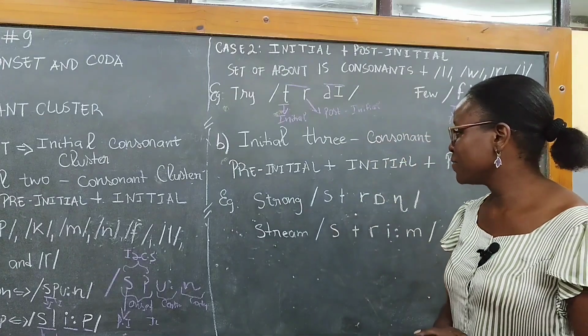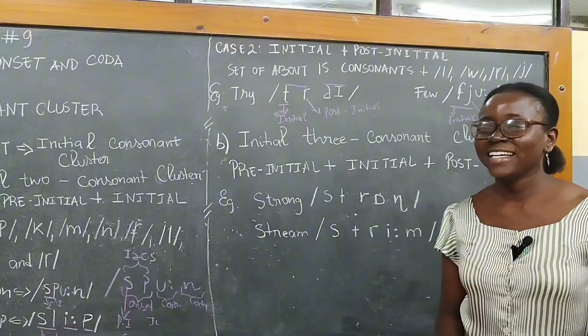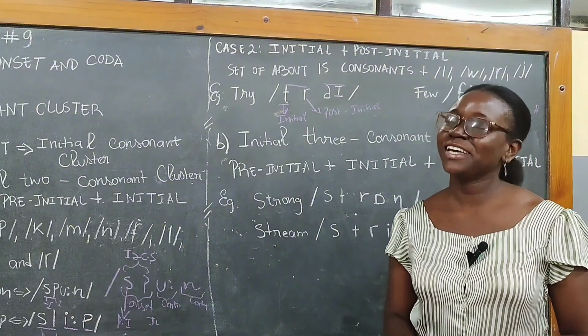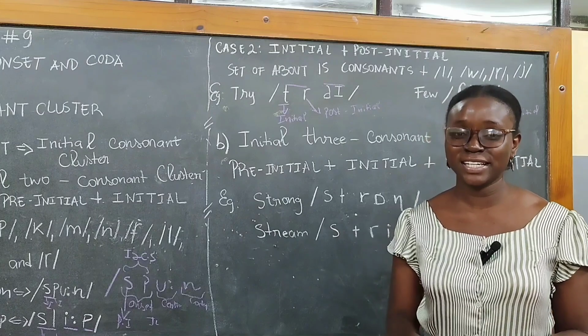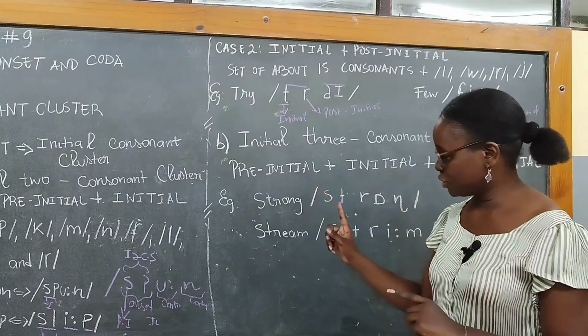Now, as I was saying, we have initial 3 consonant clusters. In this cluster, we find a pre-initial, an initial, and then a post-initial consonant, all of them combined together in initial position.